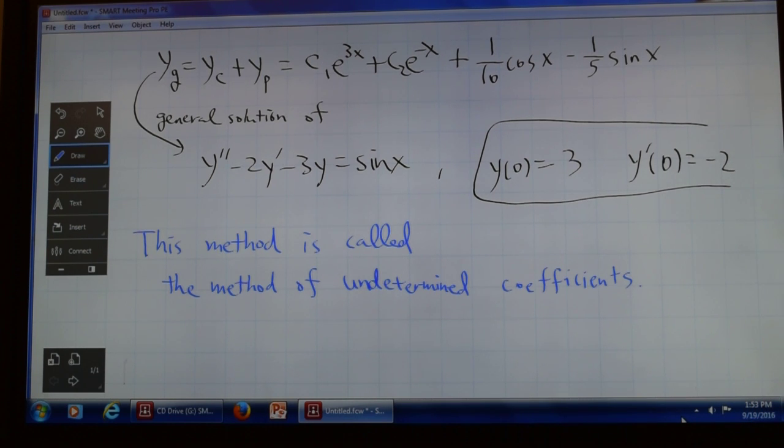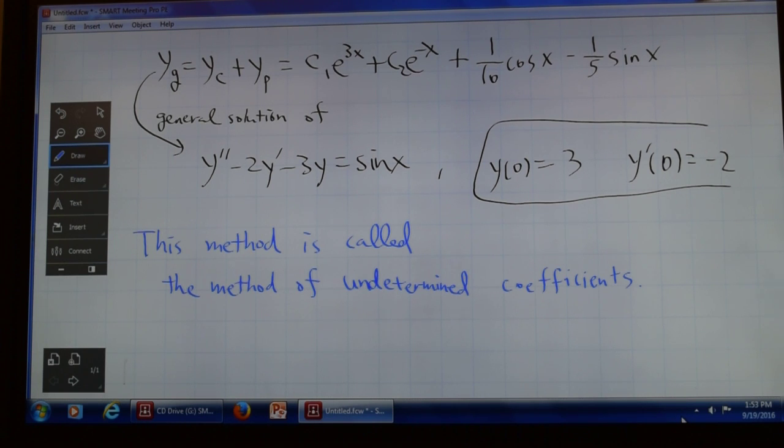And the name of the method kind of explains itself, right? If you look at what we did, why is it called method of undetermined coefficients? Because first we made a guess what kind of functions would create the right-hand side. But then because it was hard to nail down the correct coefficients for those functions, we made them undetermined. We used A and B, capital A and capital B, which were to be determined later.